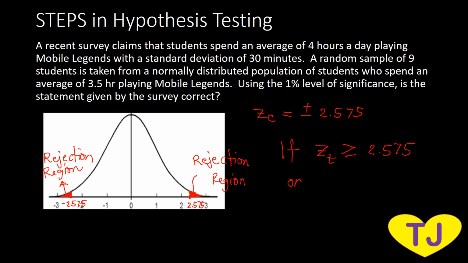Or if your computed z value is, sorry, not greater than, it should be less than, because the values on the left side of negative 2.575 are less than that value, so we also set it as less than or equal to negative 2.575. Then we can have our decision that we are going to reject our null hypothesis.